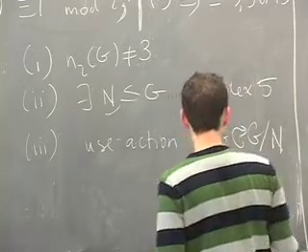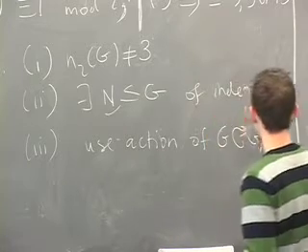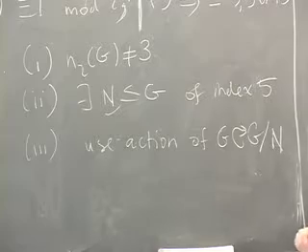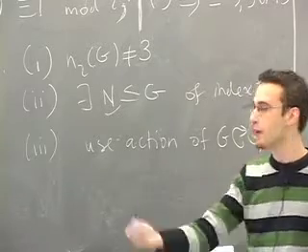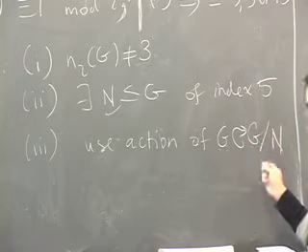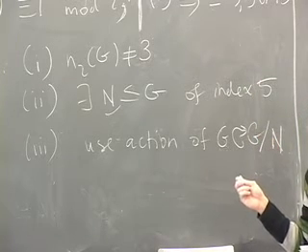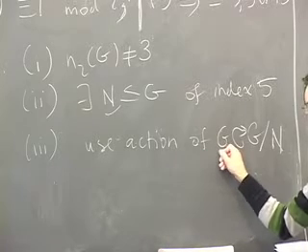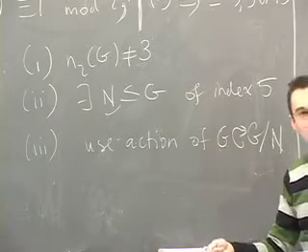If you have some group G, it certainly acts on its coset spaces by translation, by left multiplication. So if N has index 5, then this coset space has size 5. Each element of the group induces some permutation of a set of 5 elements, and so you effectively have a homomorphism from G to the symmetric group on 5 elements.